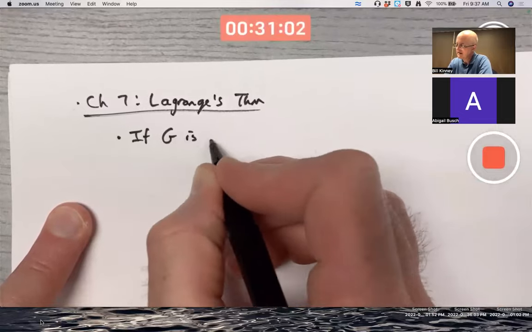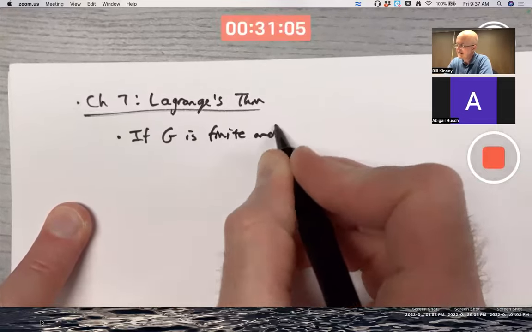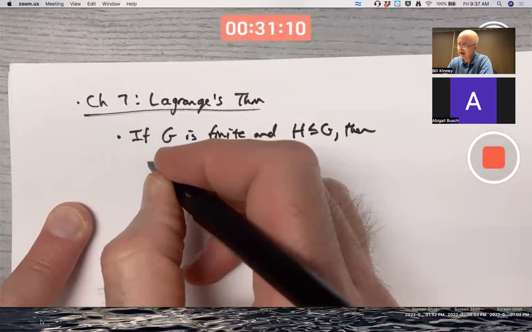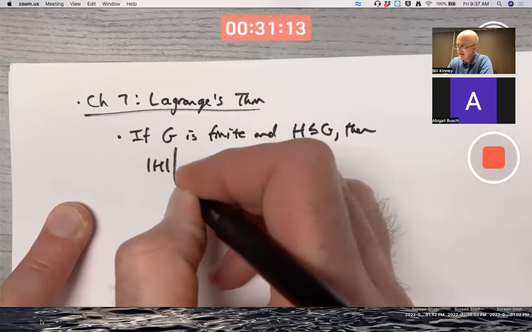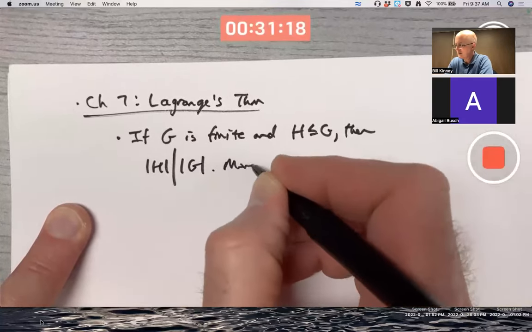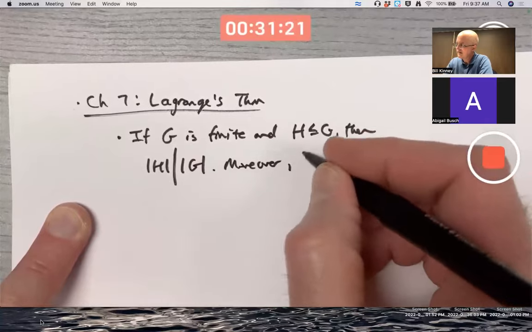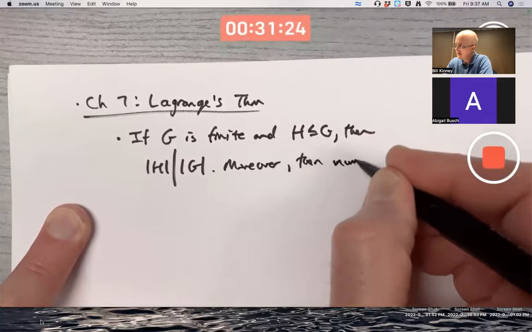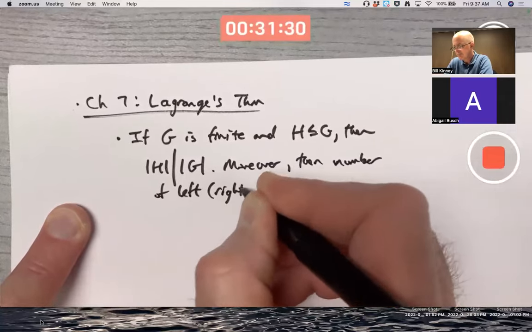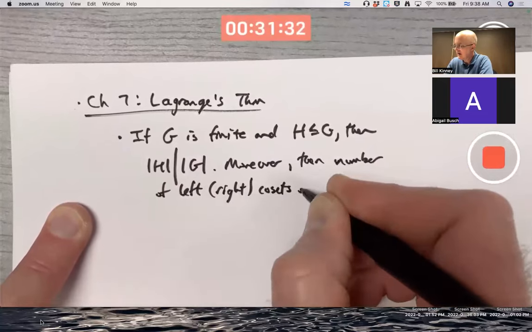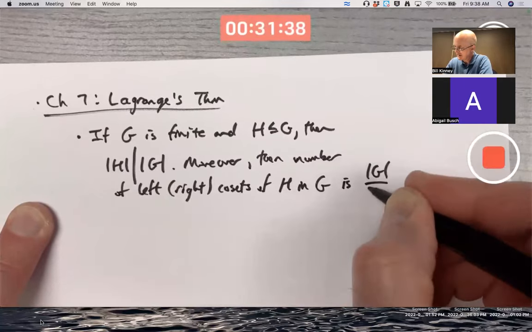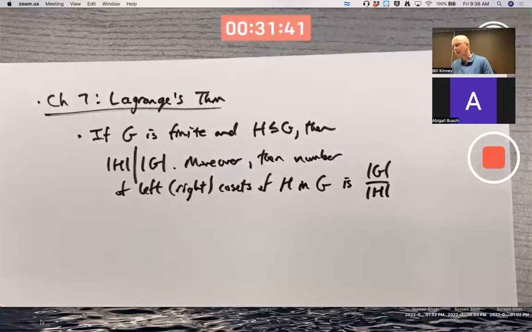If G is finite and H is a subgroup of G, then the order of H divides the order of G. Moreover, the number of left cosets or right cosets of H in G is the order of G divided by the order of H, and that'll be a positive integer since the order of H divides the order of G.